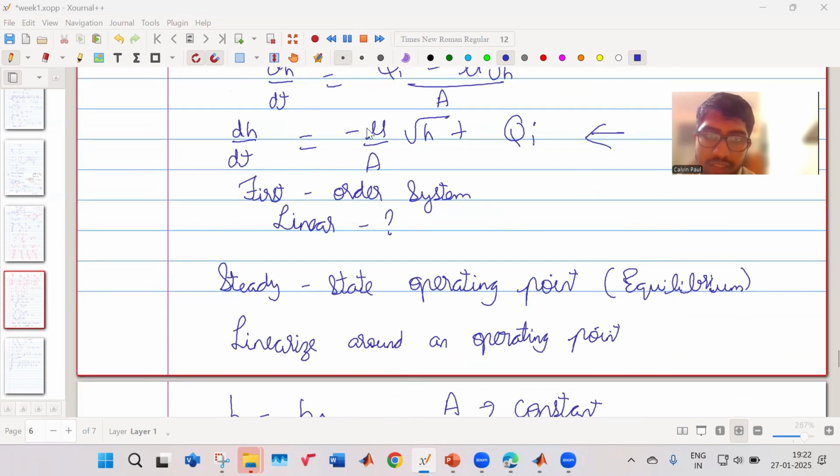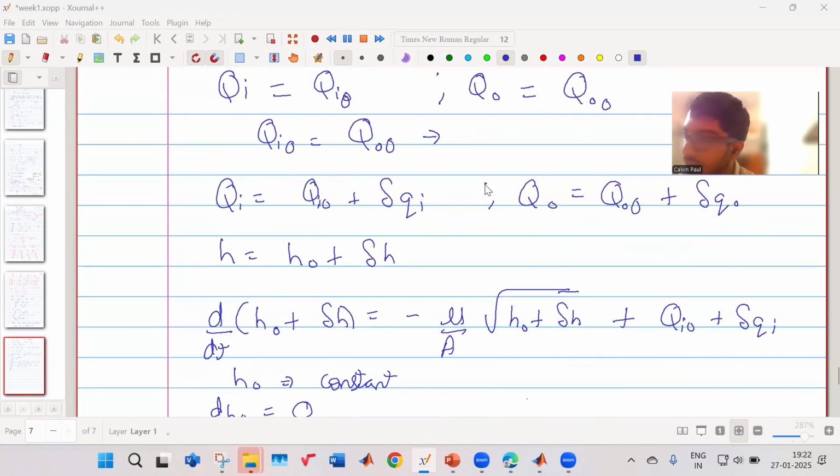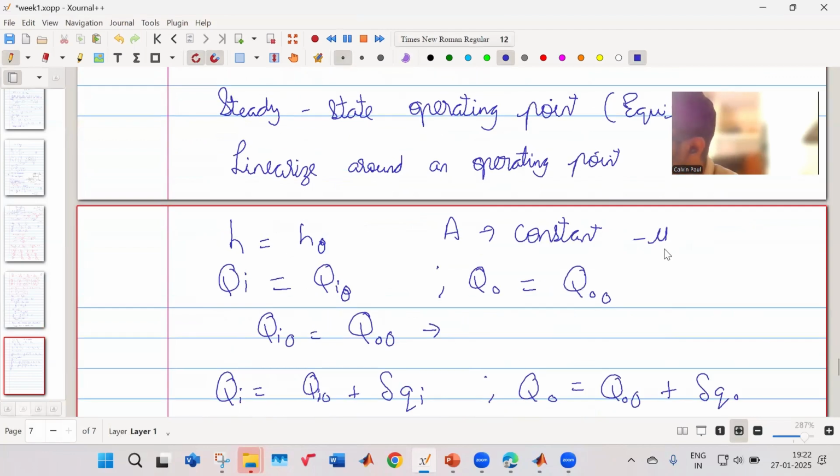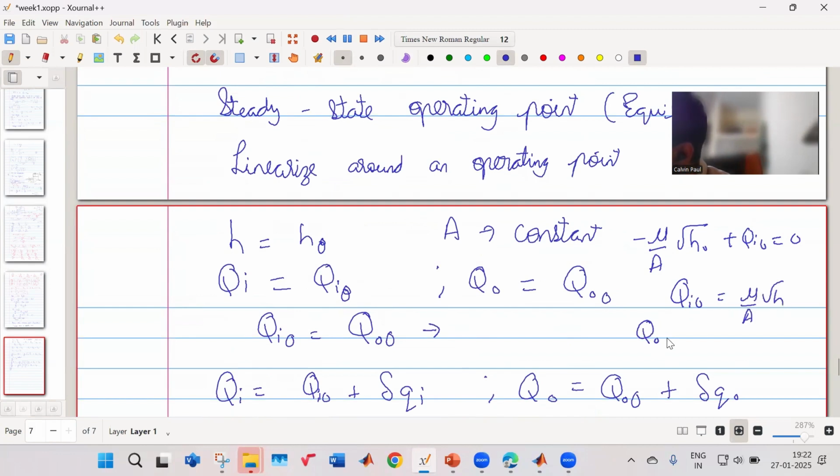So what you will get is minus mu by a square root of h naught plus qi0 is equal to 0. So your qi0 is equal to mu by a square root of h naught, or your q out 0 is equal to mu by a square root of h naught.